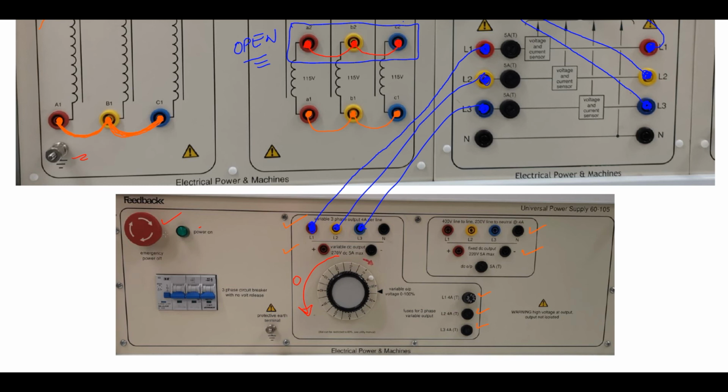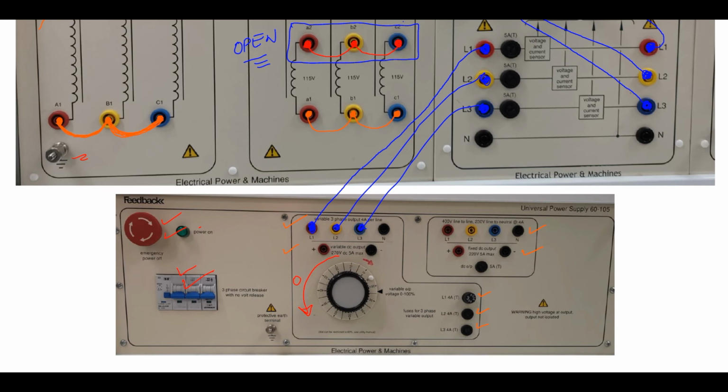Okay, now we turn on our circuit breaker. Emergency stop has to be in position to permit this circuit breaker to switch from off position to on position.